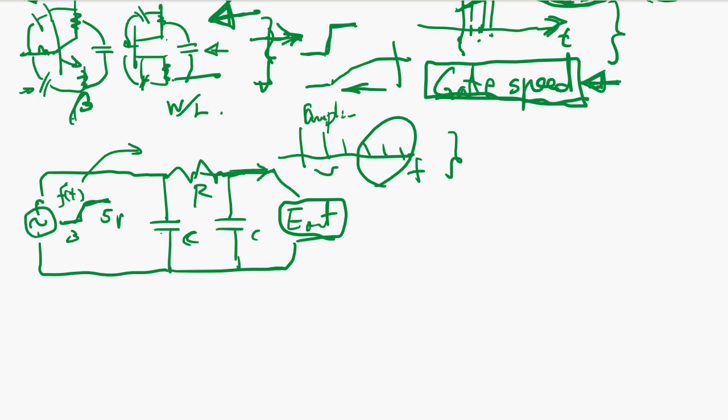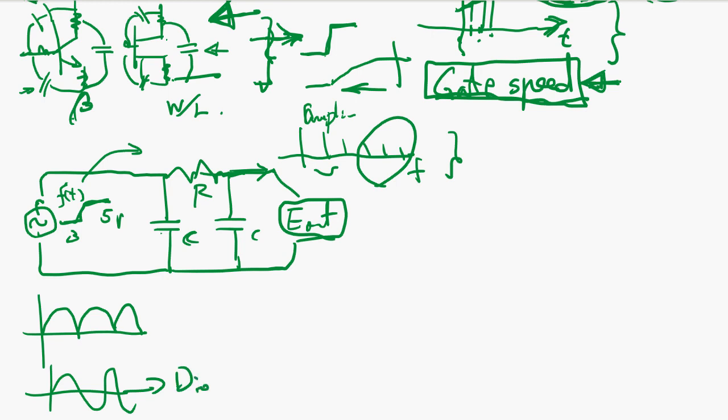So what's happened is, for example, input is like this. This is a typical sine wave. You use a diode and make it positive power only, and you feed this low pass filter.